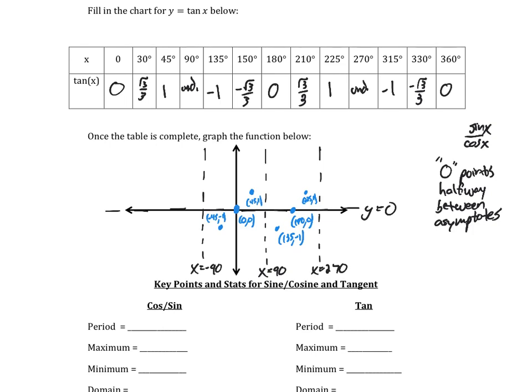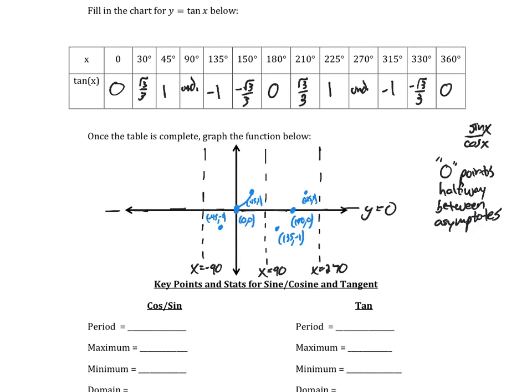So now, let's start with the piece in between negative 90 and 90. We have a graph that's going like this. I've got to hit that point 45, 1. Now what's this graph going to do from there? It can't hit the asymptote, so the graph either has to go up or it has to go down.